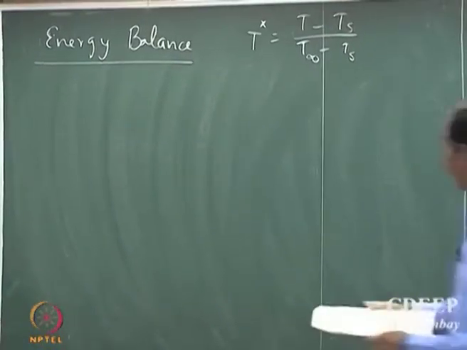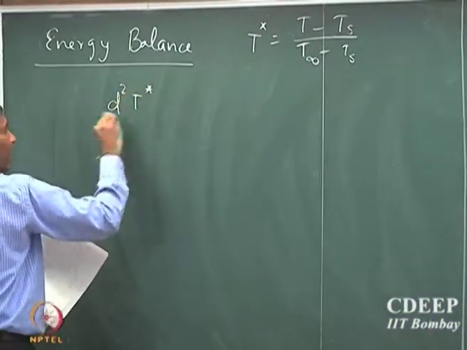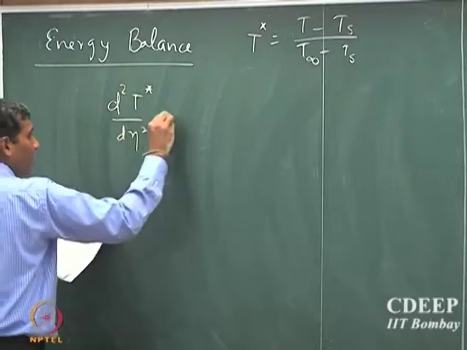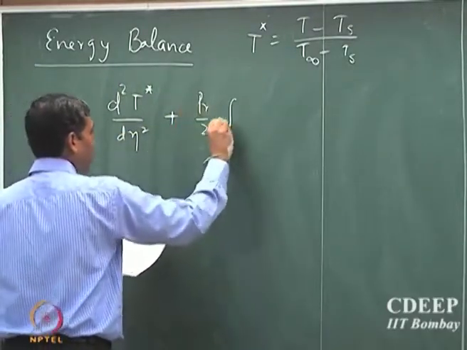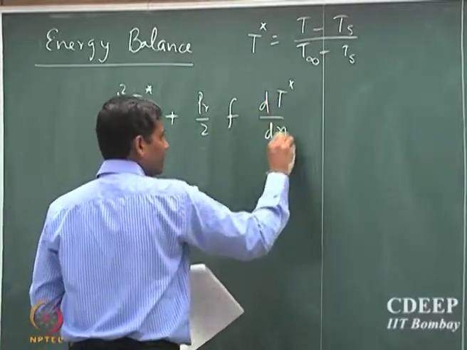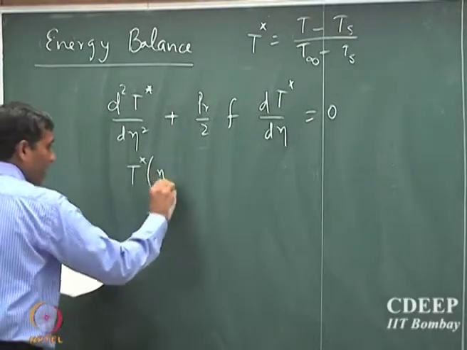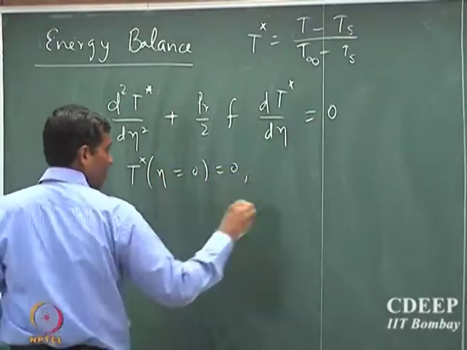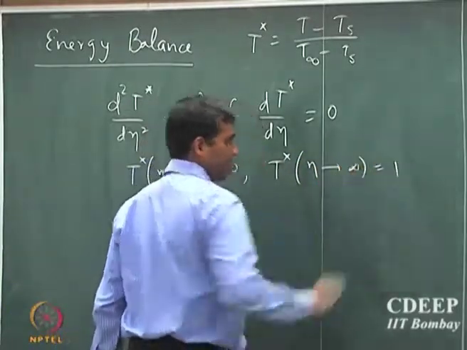and I can find that the energy balance will reduce to d square T star by d eta square plus Prandtl number by 2 into F into dT star by d eta equal to 0, and T star at eta equal to 0 is 0, and T star as eta going to infinity is equal to 1.